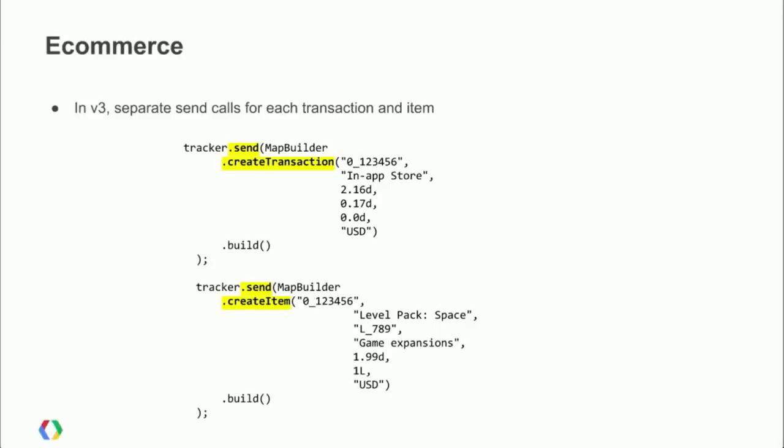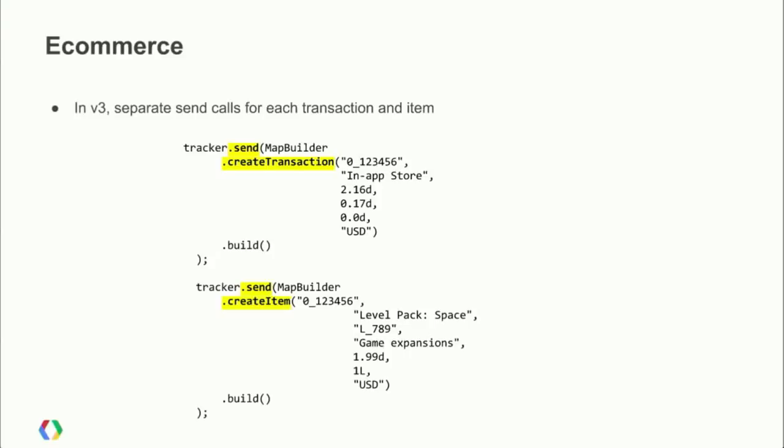The syntax is very much the same as sending app views or events in V3. The easiest way is to use MapBuilder: call createTransaction, add all the details, build it, send it, and then do the same thing for all of your items.